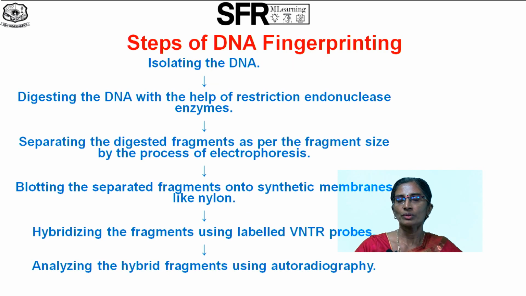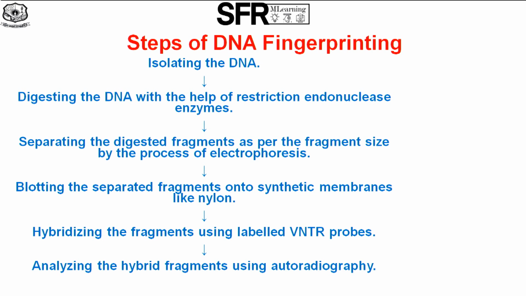Here I have shown the steps for DNA fingerprinting. First, we have to isolate the DNA. The isolated DNA has to be digested with restriction endonucleases, and the fragments are observed as a profile through electrophoresis and then transferred to a nylon membrane.